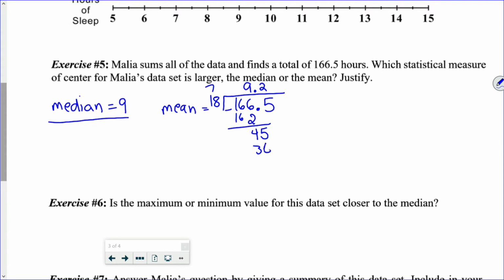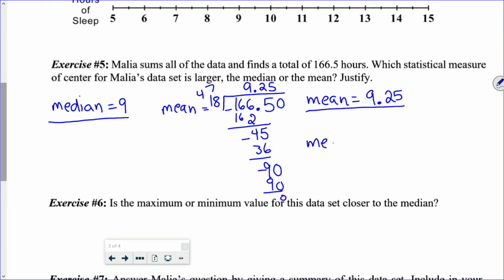That's going to be 36. Subtract. We get 9. Tack a 0 on here and bring it down. And then 5 times 18, I believe, is 90. All right, so the mean is 9.25, which means that the mean is larger.